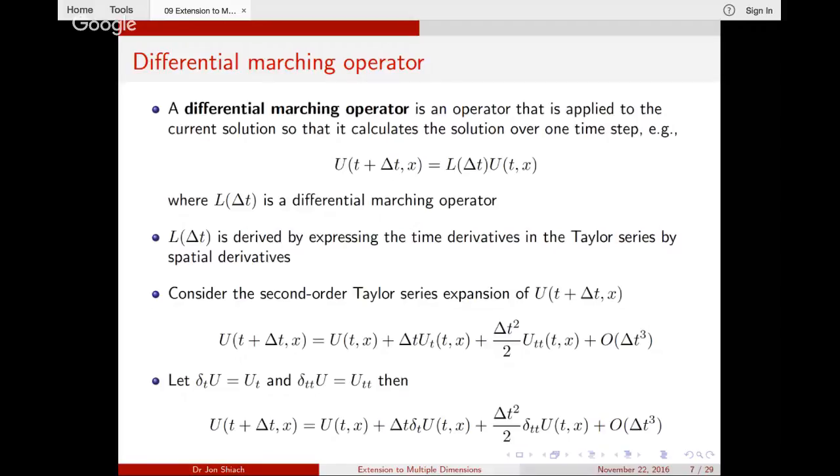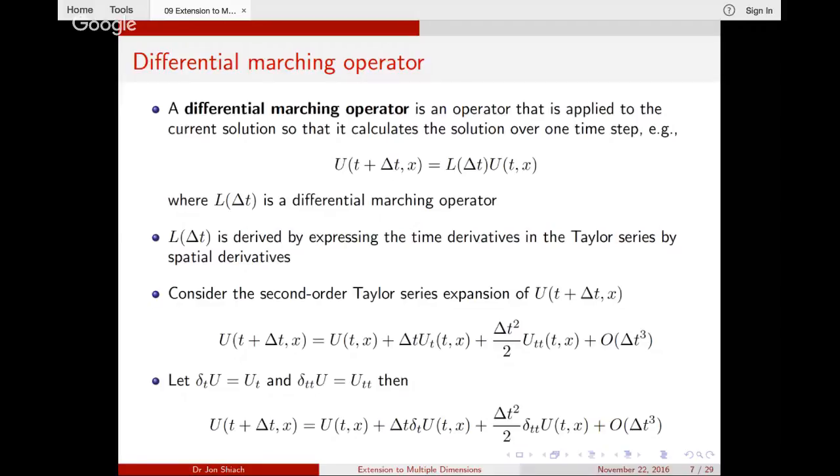We're going to write it in the form of some operator, which I've called big L of delta t, times the current solution. So u(t, x) is the current solution. This operator is applied to our current solution to give us the next solution.